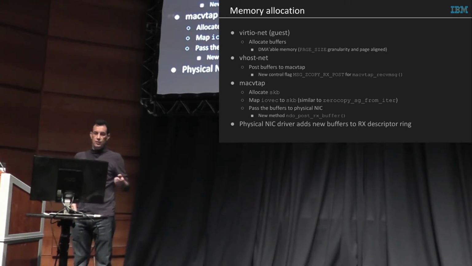And using the new method we introduced in netdev, it posts the buffers downstream to the device driver, which in turn creates appropriate hardware descriptors in its RX ring, so that whenever there is DMA of the incoming data, it will go directly to the memory visible by the guest.